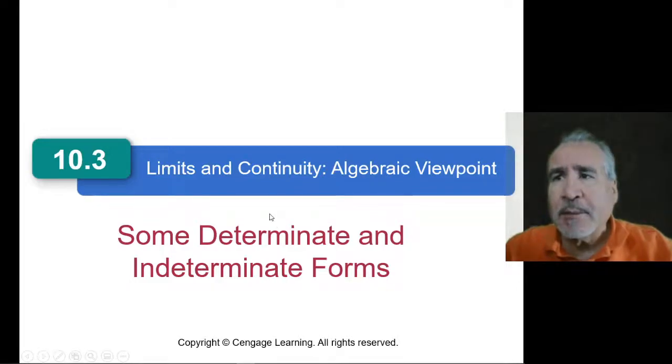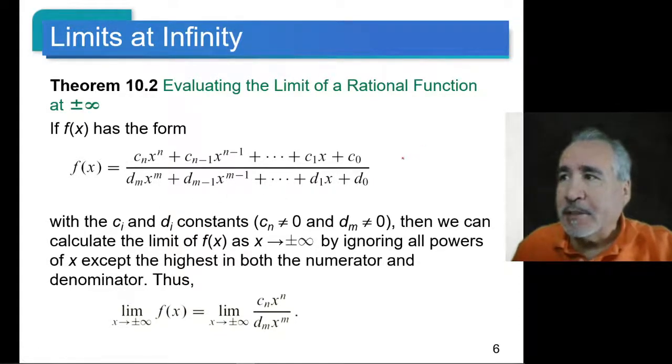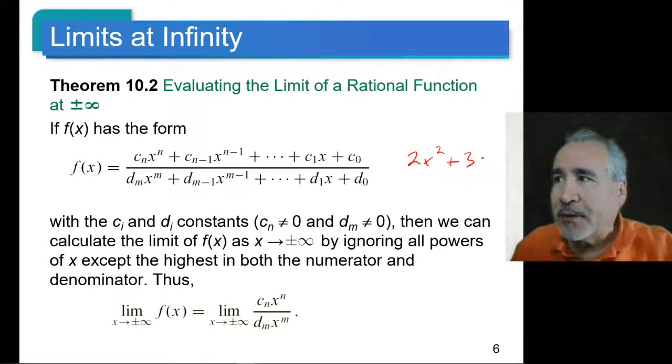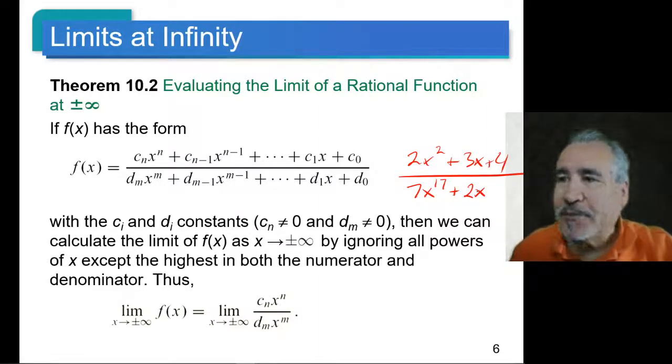One of the things we came up with in 10.3 is if we have a rational function, polynomial on top, polynomial on the bottom, something like 2x squared plus 3x plus 4 over 7x to the 17th plus something, 2x, whatever.